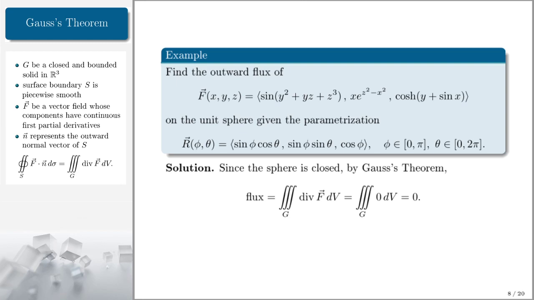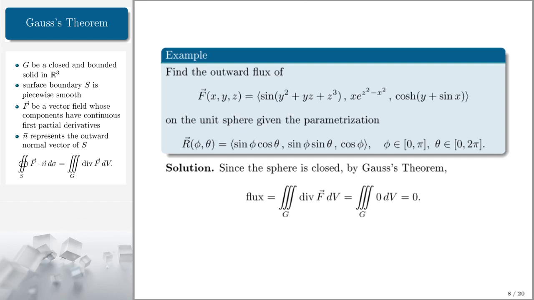Actually, in this type of problem, whatever the closed surface I have, it will always be 0, since the components of my vector field will always have continuous first partials.